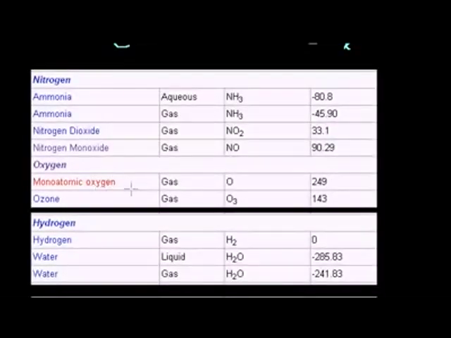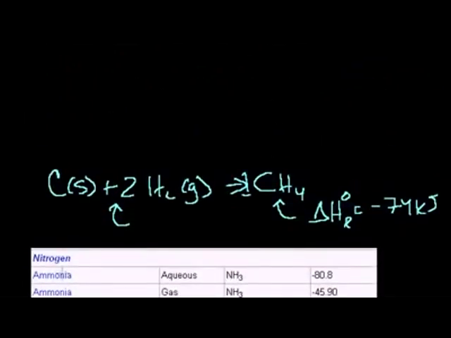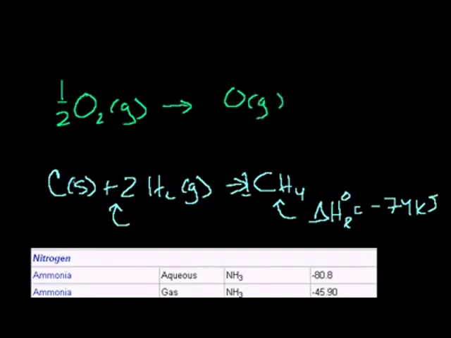You see here, monoatomic oxygen has a positive standard heat of formation, which means it takes energy to form it, right? If you have a reaction, let me write it this way, 1/2 of molecular oxygen as a gas going to 1 mole of oxygen in its gaseous state.